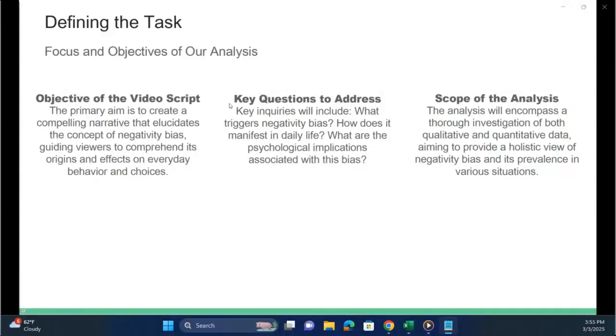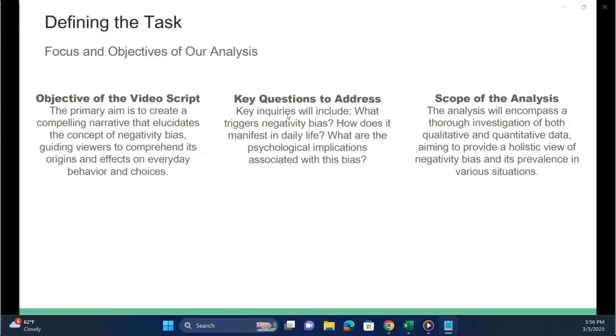So let's first define the task that we will be undertaking, which are the objectives of our analysis. The objective of this video script is to create a compelling narrative that elucidates the concept of negativity bias, which will hopefully help users comprehend its origins and how it affects everyday behavior and choices made by humans.